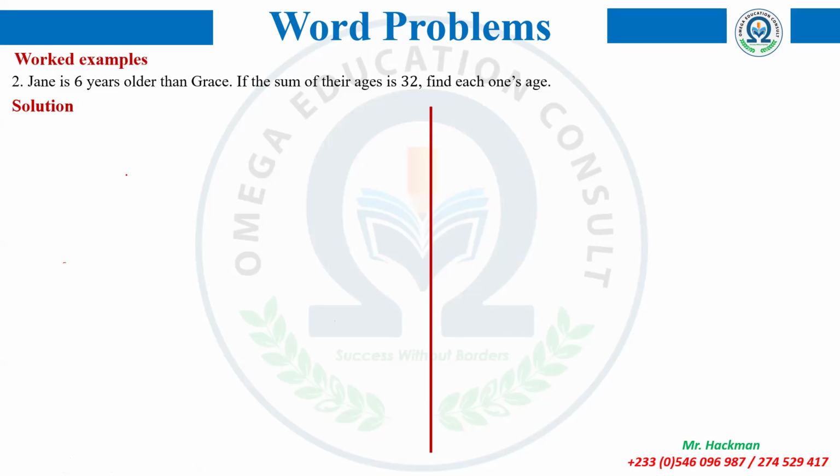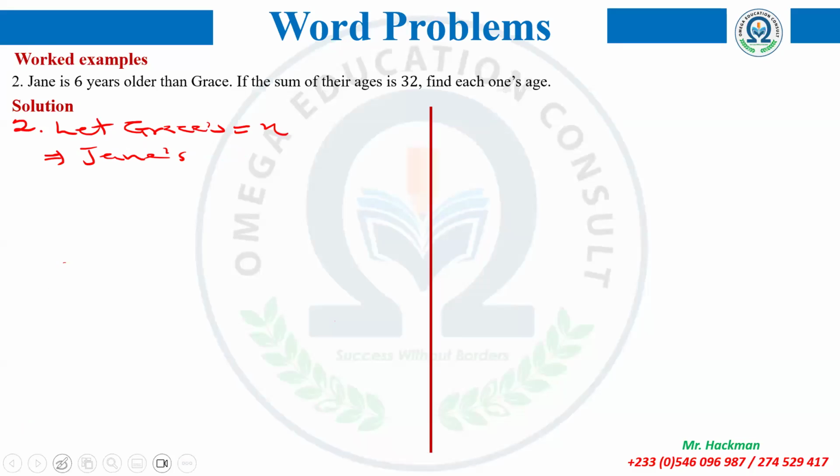Okay, so now what do we have? We are going to let Grace's age be equal to X. I didn't write the age.